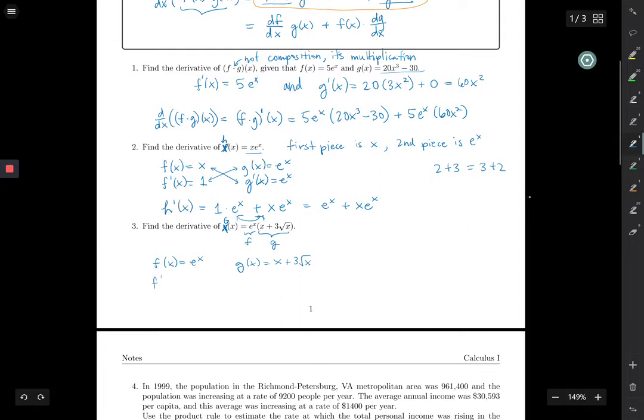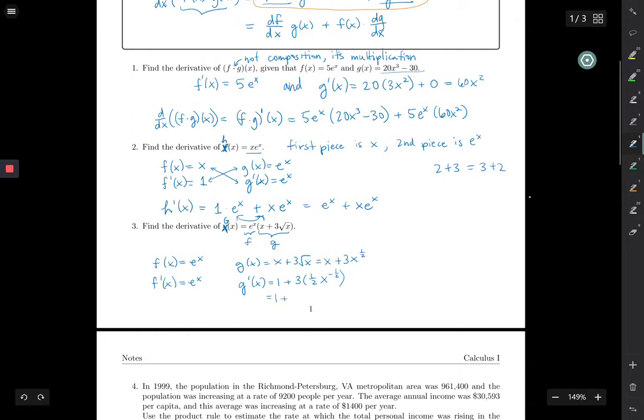And so f prime is e to the x, g prime is 1 plus, so to apply the power rule, we should first rewrite this as x to the 1/2, and then we can see that the power rule applies. So we'll get 1/2 x to the minus 1/2, and maybe we'll do a little simplification.